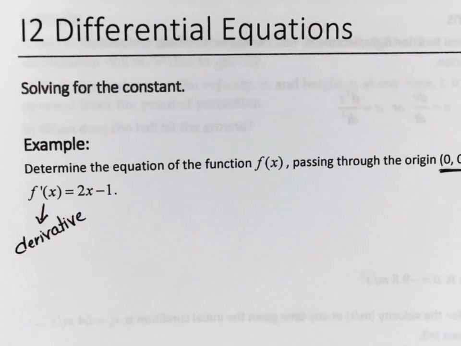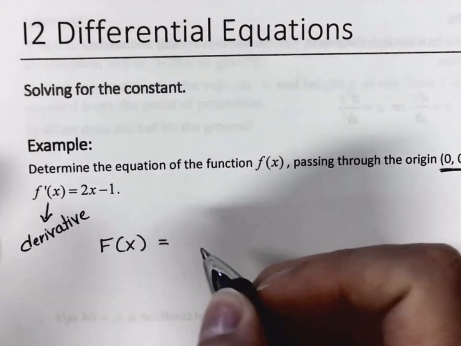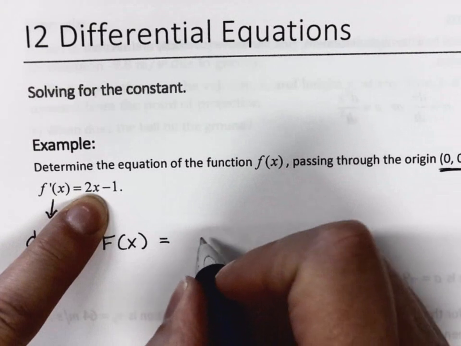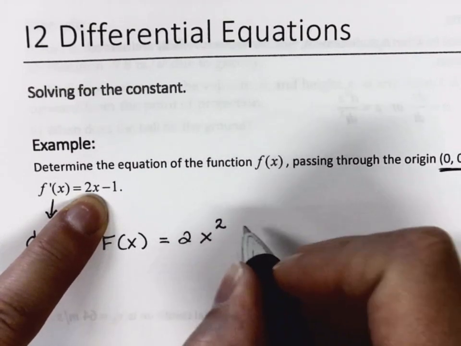Okay, so let's underive it. Let's do the antiderivative of it, and we are going to work backwards to the original. All right, so if we look at the 2x, we know that the original function, we keep the 2, will be an x squared.